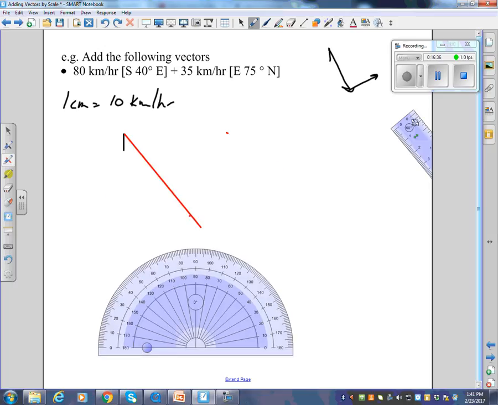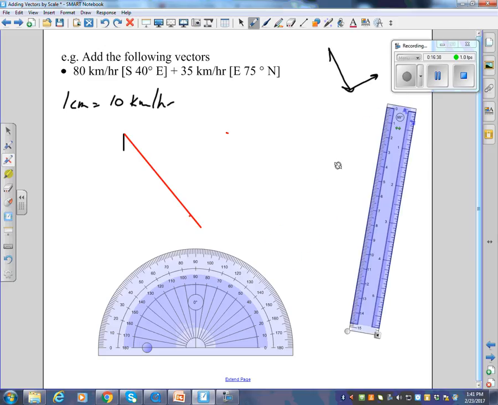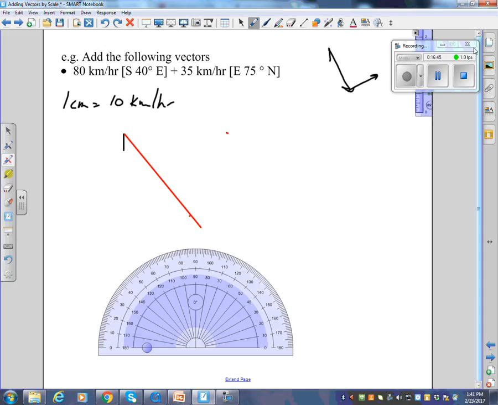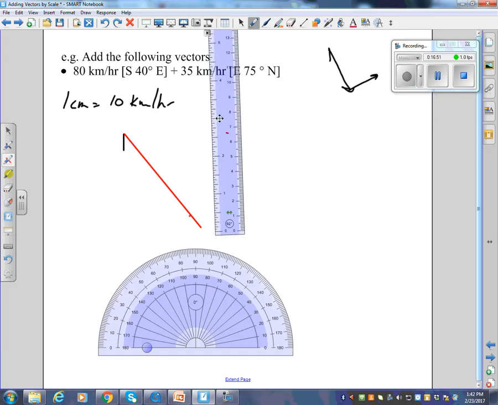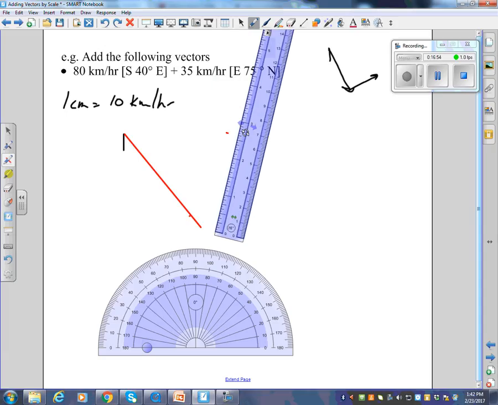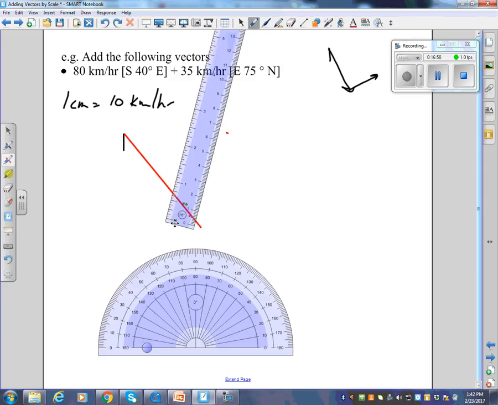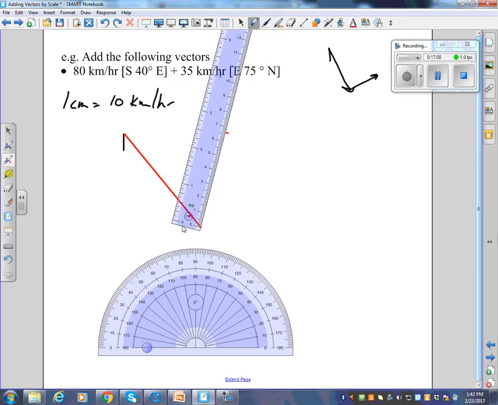And I'm going to go 35, which would be 3.5, right? It does take me a little while to get things all lined up. And I'm only going 3.5 centimeters to there.